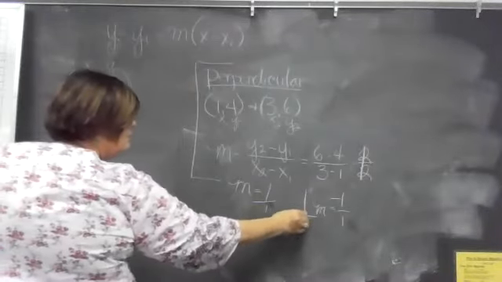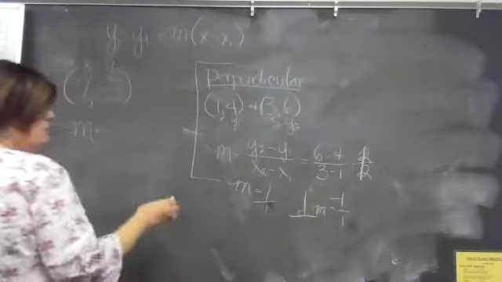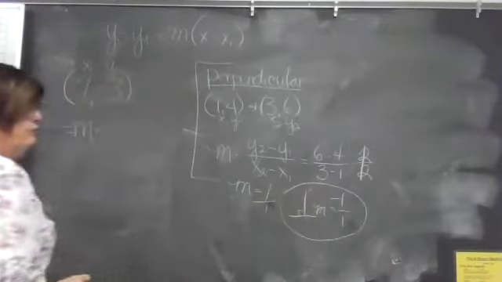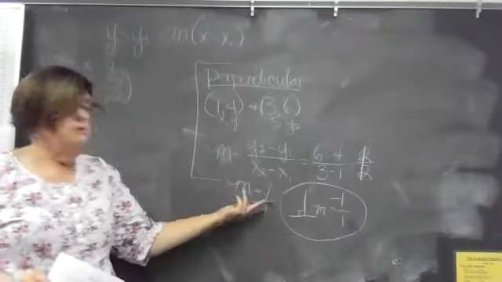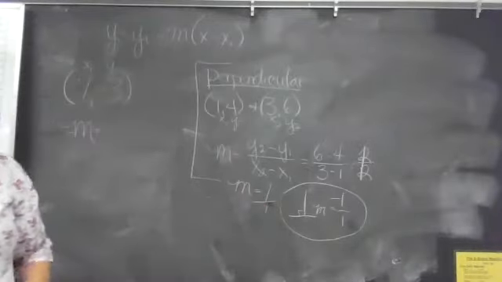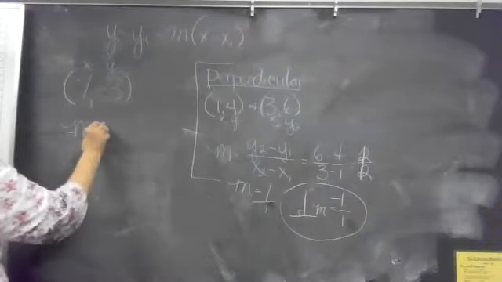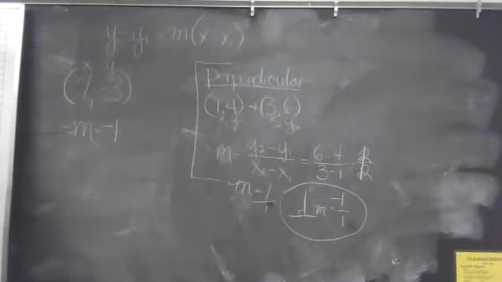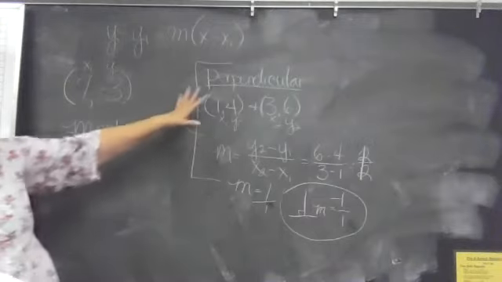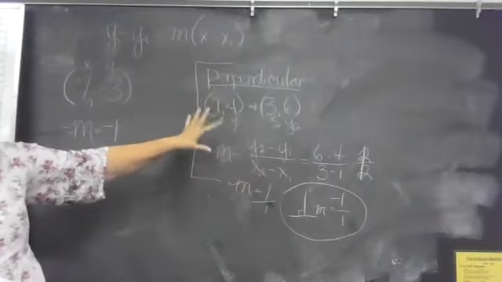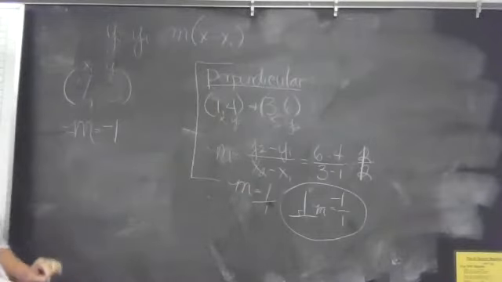This means perpendicular. The perpendicular slope to this, you flip the fraction and change the sign. So now over here, we have everything we need. We have the perpendicular slope. That's all we needed out of that whole mess is the slope.